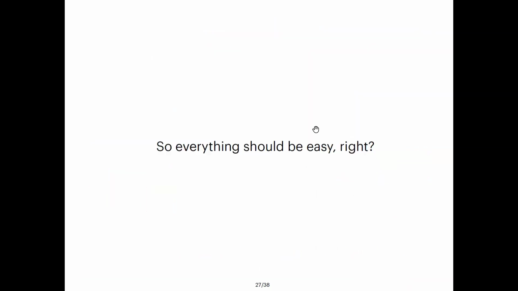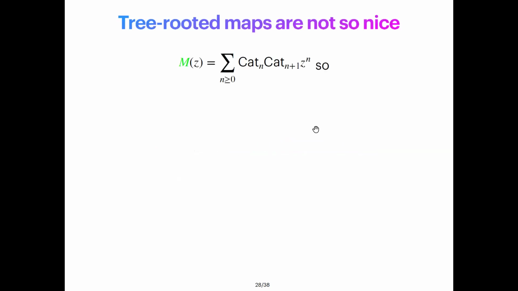But unfortunately, even though it seems then that everything should be easy, it's not the case because the generating series are not as nice as the previous ones were. So we know the generating series, thanks to Mullin, for tree-rooted maps. This gives the radius of convergence. Here you can notice that we have n to the power of -3, which is not the typical behavior of maps, which is n to the power of -5/2.